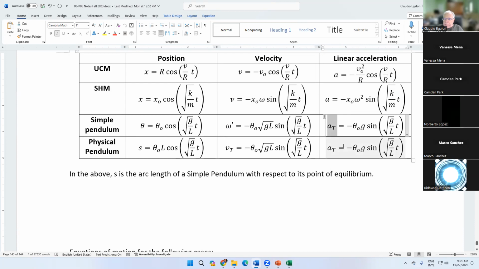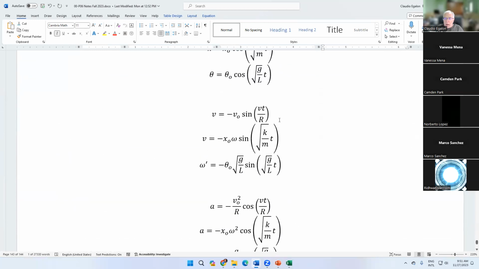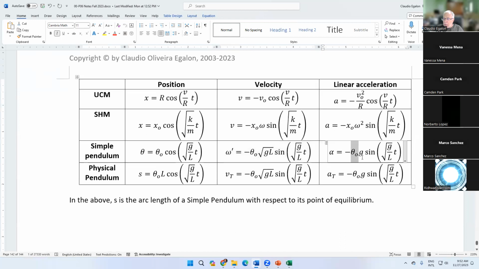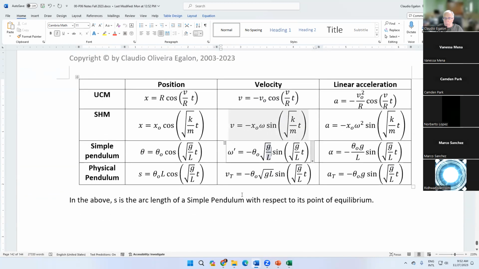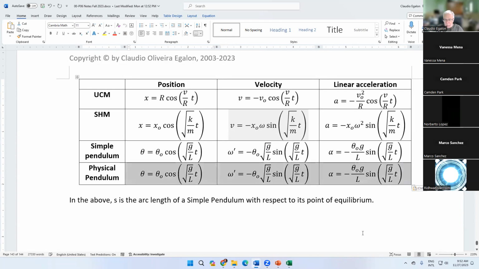We have to be careful what goes there. It's going to be theta naught, G over L. Omega prime, yeah, G over L. And we get the same thing for the physical pendulum, exactly, with the exception of what goes inside this square root, and this square root as well.